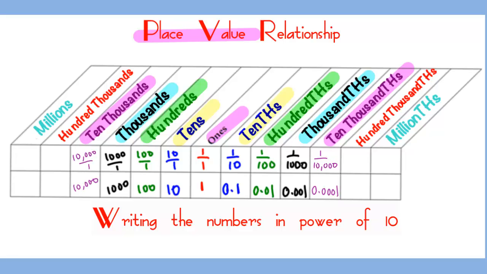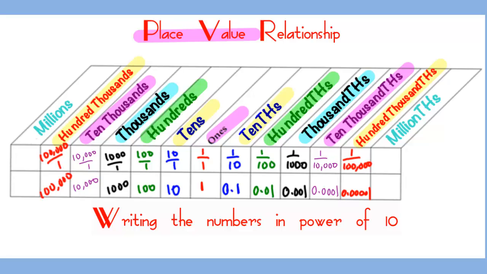Then the next one is hundred-thousandths, and the matching place value on the left is hundred-thousands without a th again. The last one on the list is millionths, and I'm sure you can write that on your own, so I'm going to leave that blank.